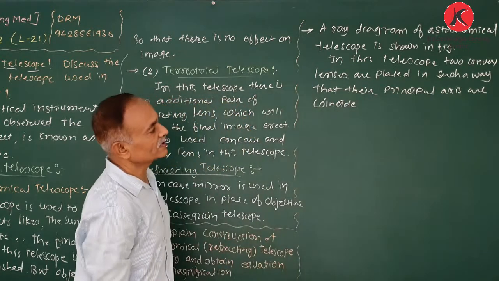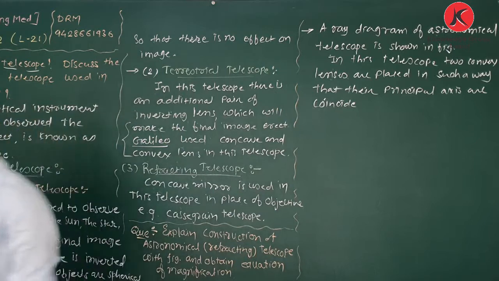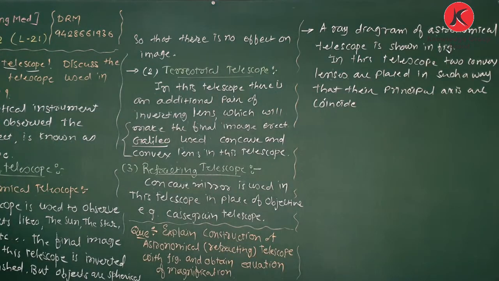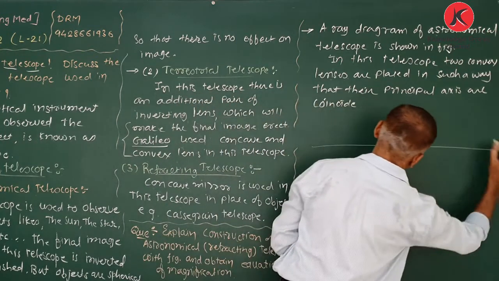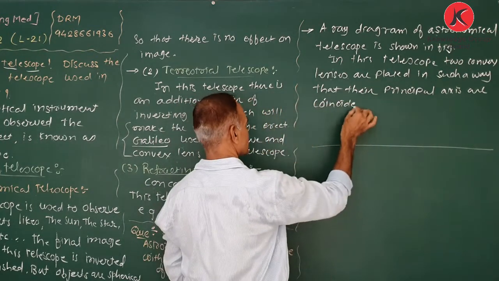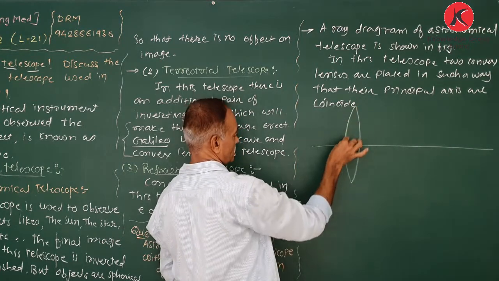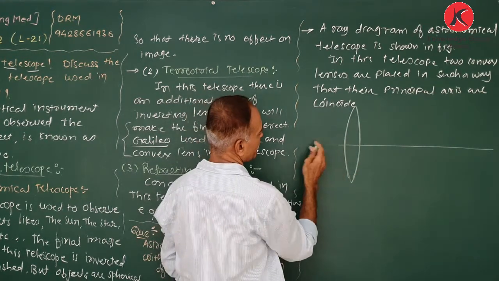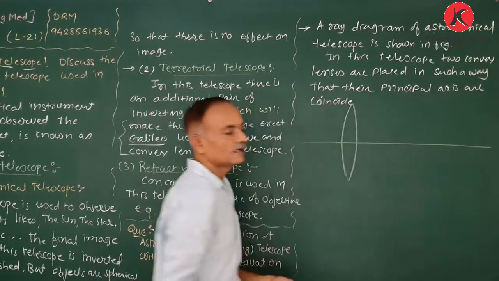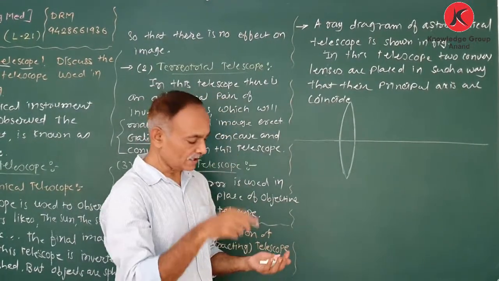Now, how do we draw the ray diagram of the astronomical telescope? For that purpose, here we consider a common axis. Now there is our objective. The object is at a far distance, therefore the rays coming from the object are very close to the principal axis and also parallel.